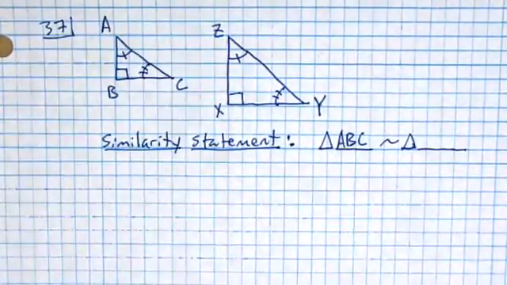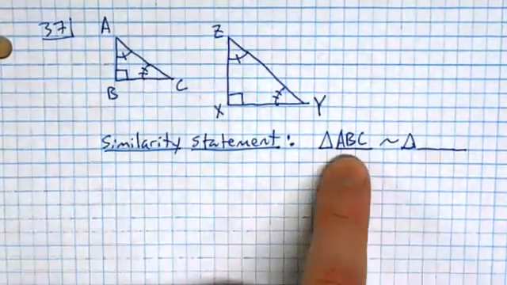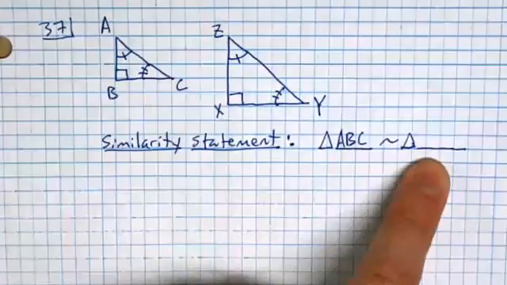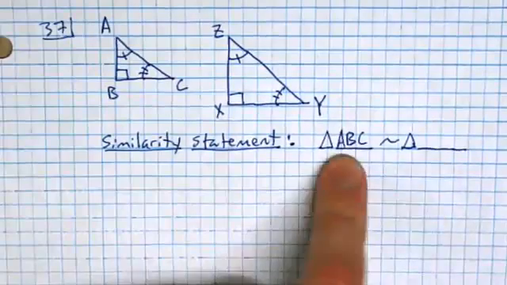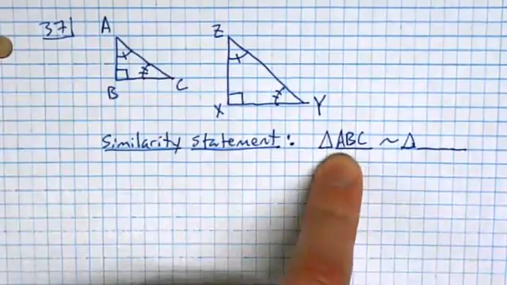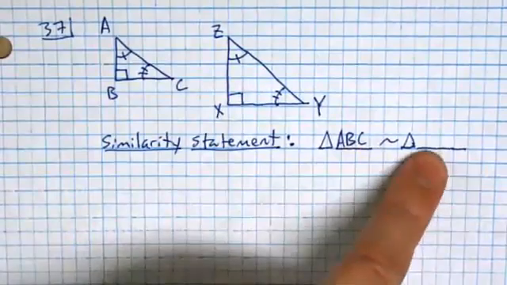Okay. However, here's the thing about a similarity statement. This is the most important thing, so don't miss this. Once we pick the order for the first one, the second one has to match the same order. It's got to match. Okay. So once I've chosen that this one's going to be called ABC, then I'm stuck. This has to be in the right order.